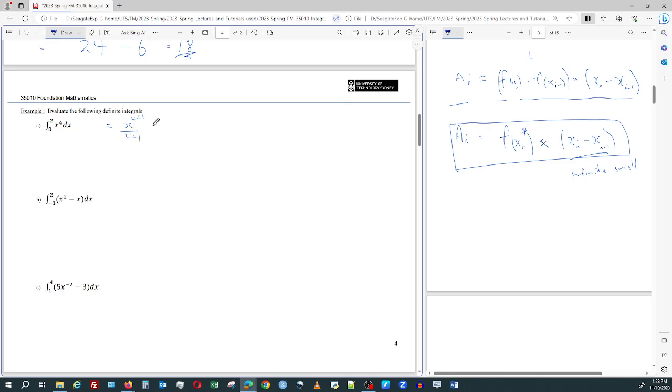And instead of adding plus c here, normally we would write a big plus c, isn't it? Now what we're doing is putting the limits 0 to 2, and we're using this as a result of the fundamental theorem of calculus, part 1.